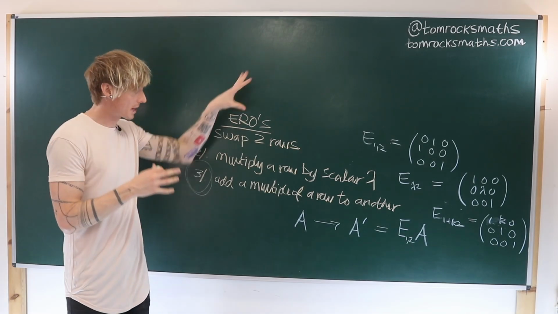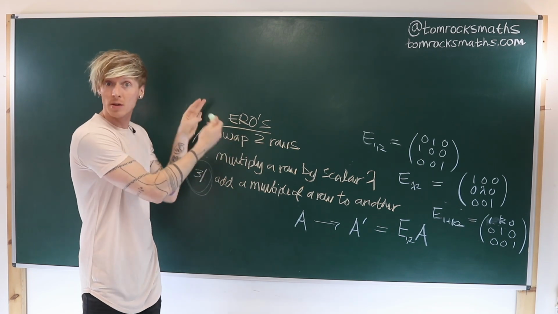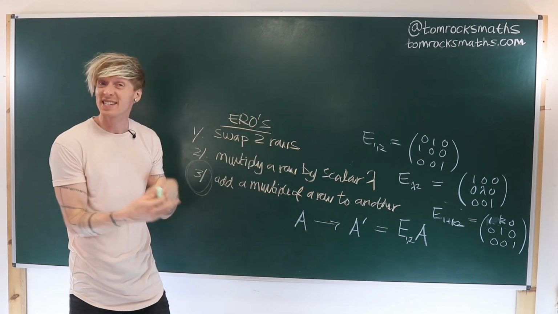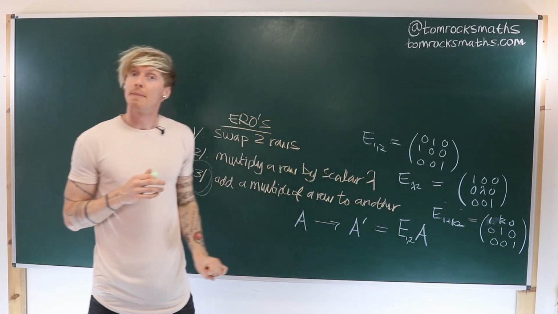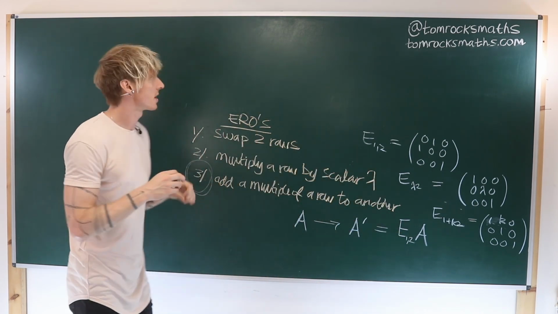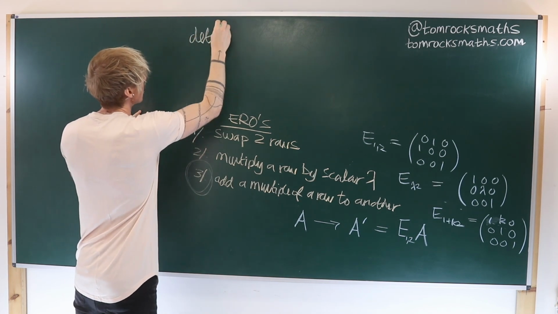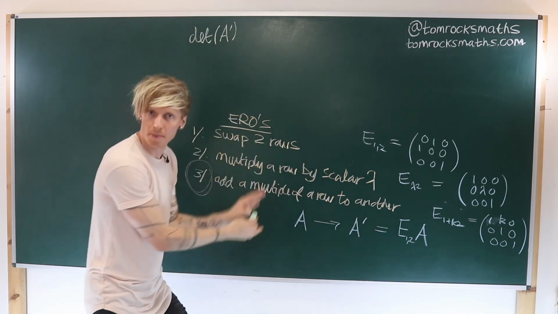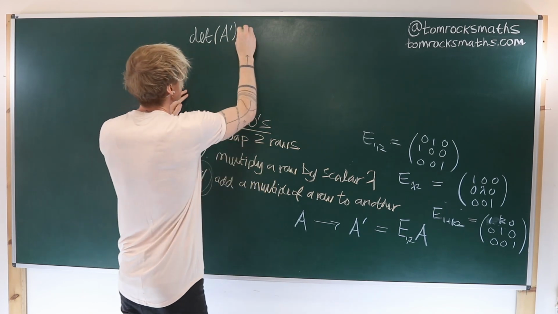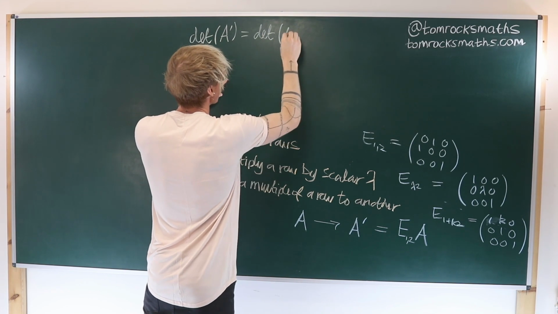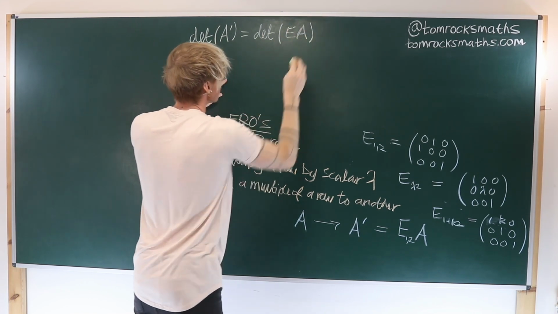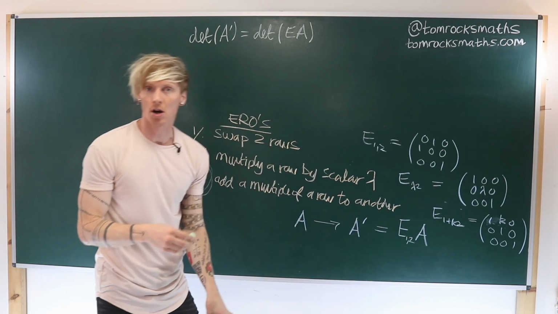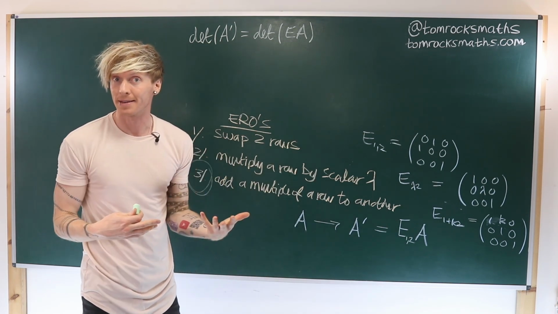So now that we know the application of any of our type 1, type 2, or type 3 elementary row operations can be represented, or in fact is the same as, pre-multiplying by one of these elementary matrices, we can in fact say that the determinant of our new matrix, the determinant of A prime, the matrix we get after applying an ERO, is equal to the determinant of our elementary matrix times A. Because we've seen that A prime is equal to EA, where E varies depending on the type of ERO that has been applied.